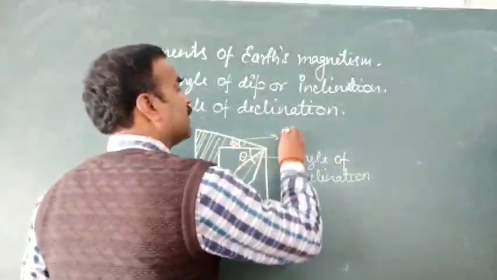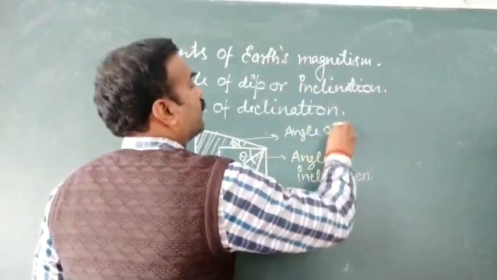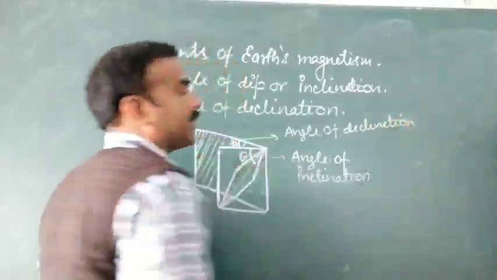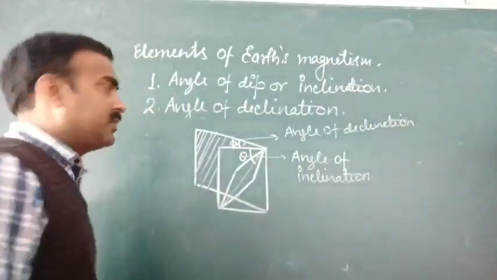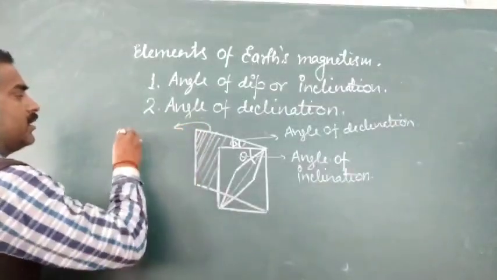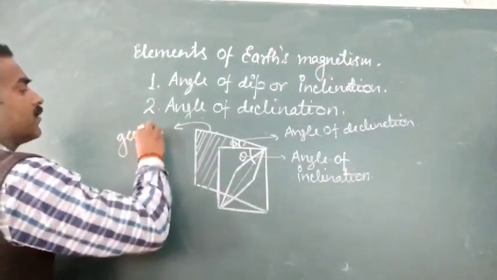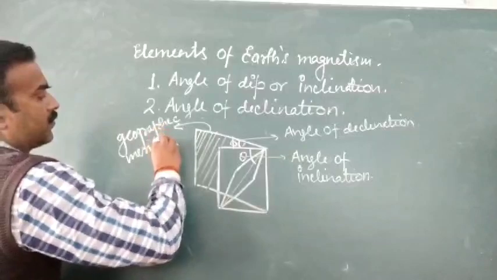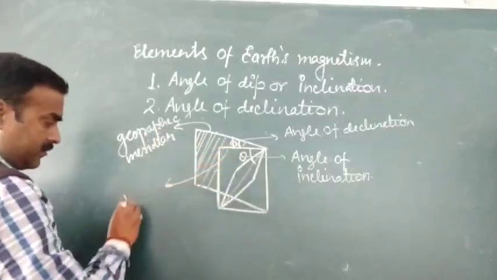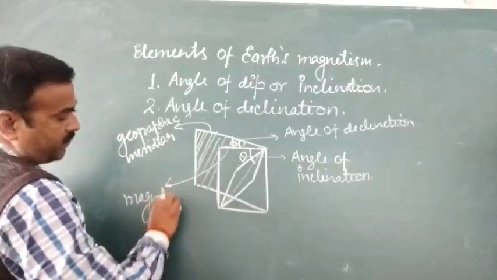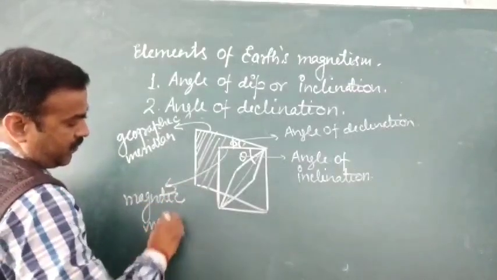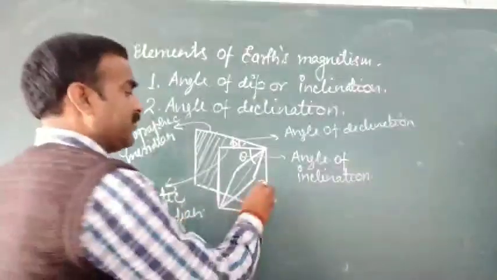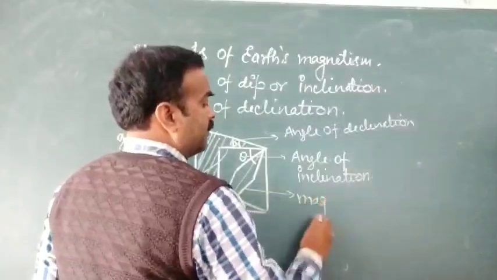This one is the angle of declination, and this one is the geographic meridian, and this one the magnetic meridian. And this one is the magnetic needle.